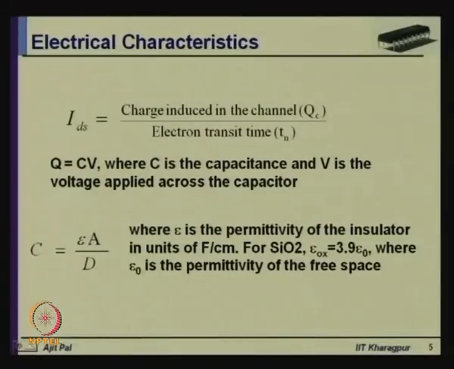When you apply a voltage to the drain with respect to the source, you apply an electric field between the source and drain. So, let me write down the drain current expression.